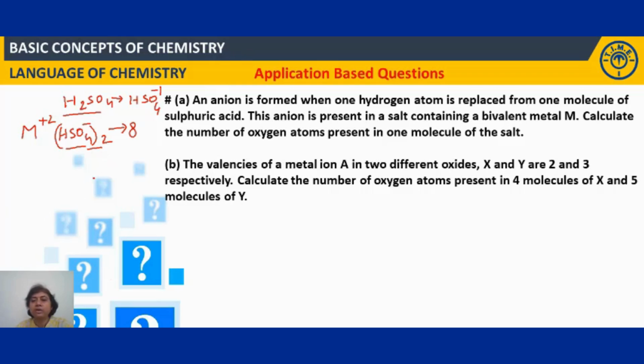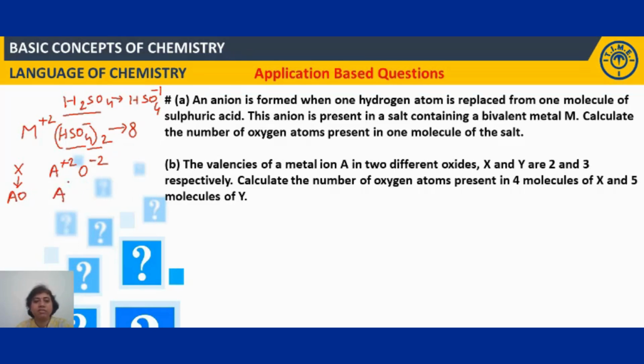So two different oxides. Let us take the first one, X. In that the metal valency is 2, right? So the metal is A plus 2 and oxide means it is O minus 2. So what will be the formula of X? X must be AO. Clear? Understood? Next one, you work out.